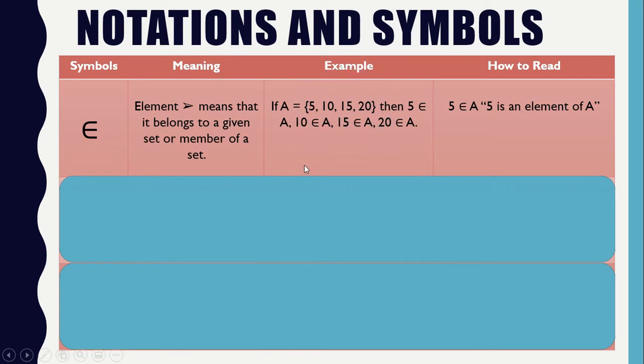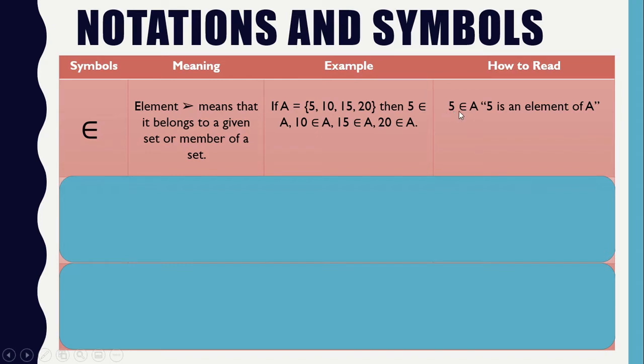Here are our examples. If set A is equal to the elements 5, 10, 15, and 20, then 5 is an element of A. That is the symbol on the side.